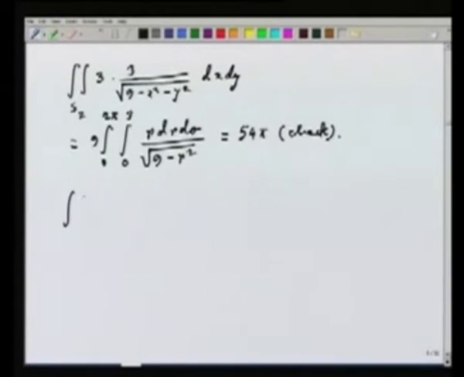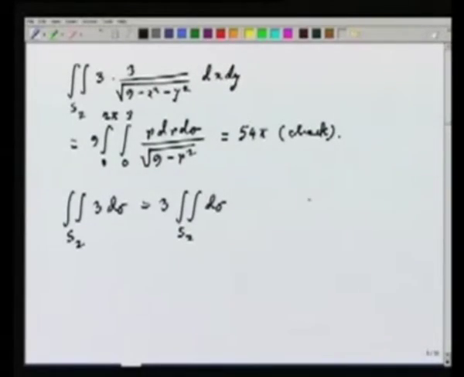If I take 3 out, what I get is double integral over S2 d sigma. Okay. But then what is d sigma? It is the surface area of the sphere of radius 3, then half of that, because I am looking at the hemisphere.